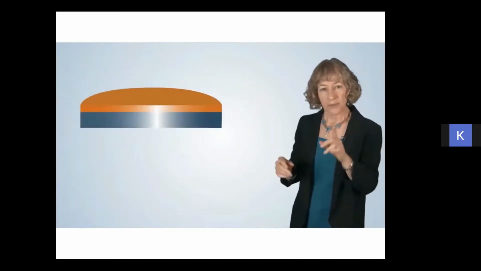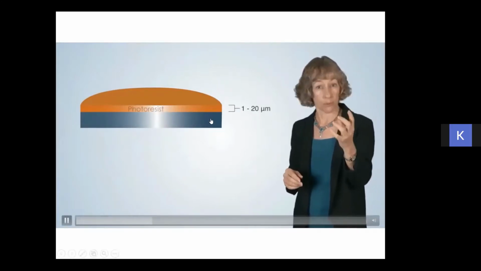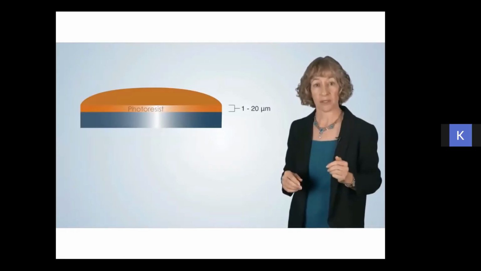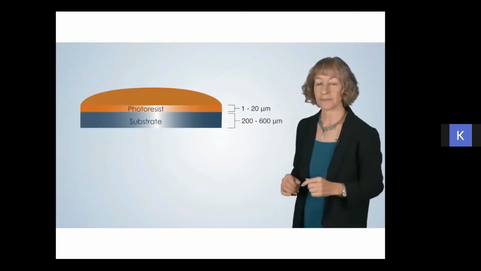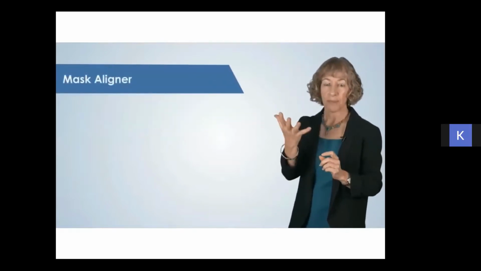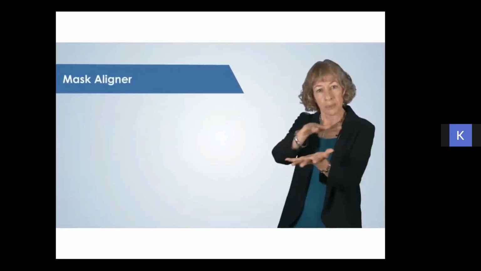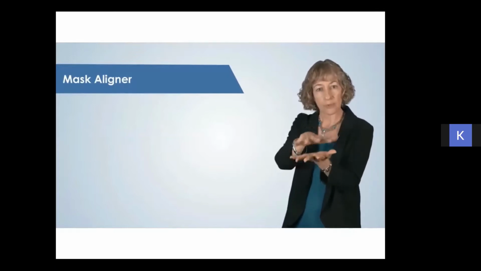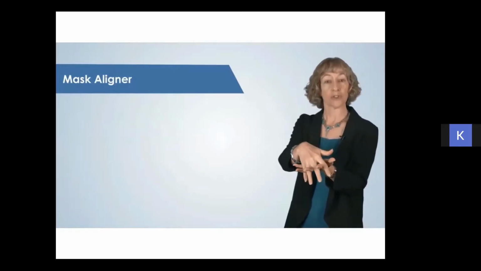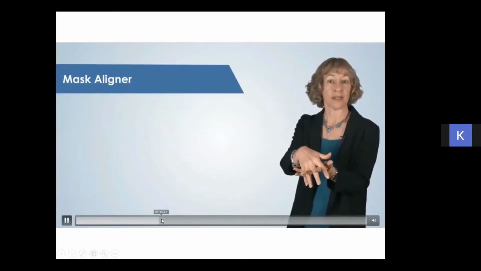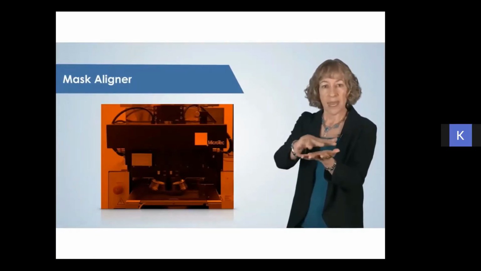So this cross section shows you have a photoresist, let's say 1 to 2 micron, over your silicon wafer, which is blue in color or bluish in color. So this is one of the mask aligners I have also shown you.